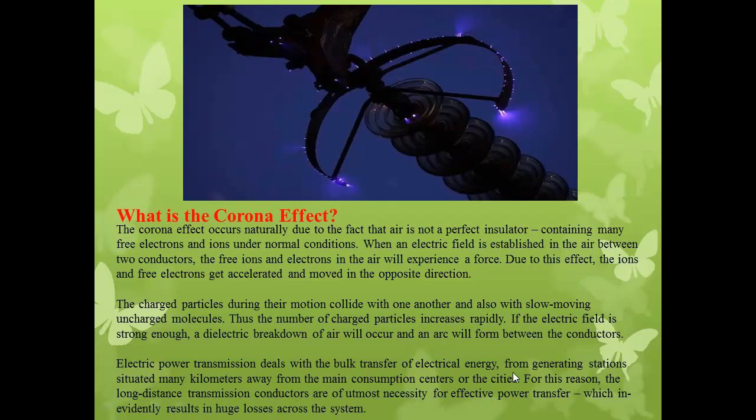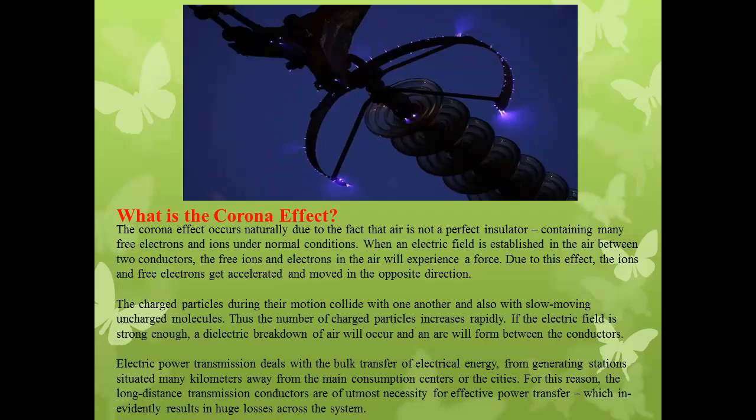Therefore, from energy stations situated many kilometers away from the main consumption centers or the cities, long distance transmission conductors are of utmost necessity for effective power transfer. As we know, corona discharge causes electrical power loss.